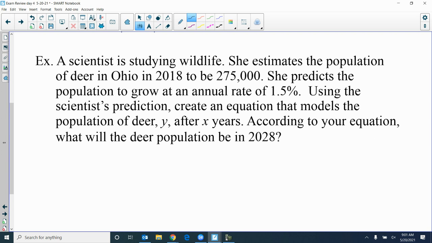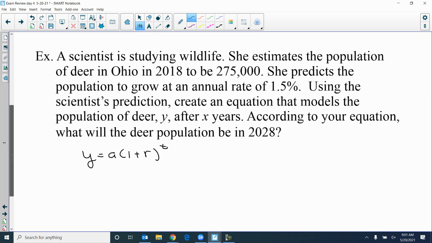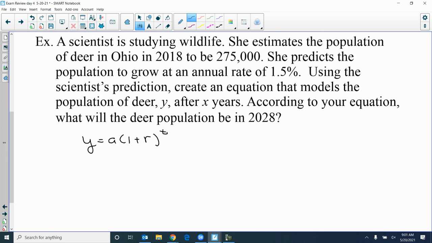Here's what you got to watch on this one. Now r, this is 1.5%. Make that 0.015. Make sure you convert that to a decimal. You gotta move it 2 to the left.